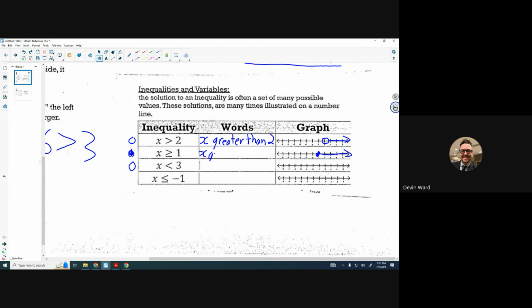X greater than or equal to 1. Now we have x is less than 3. So I need to find 3 on my number line. This will be blurry, but 3 is going to be right here. So do an open dot. Slide it over a bit.